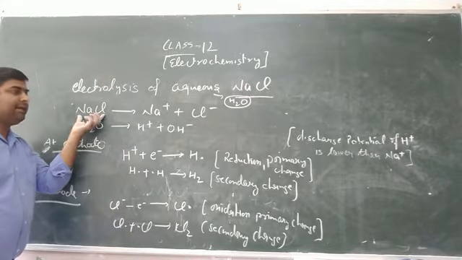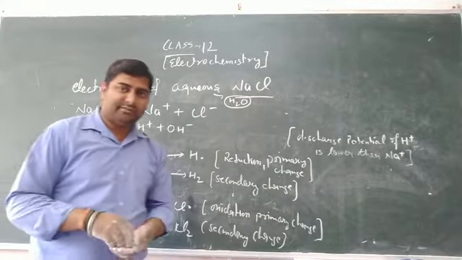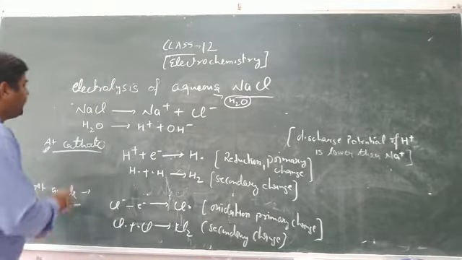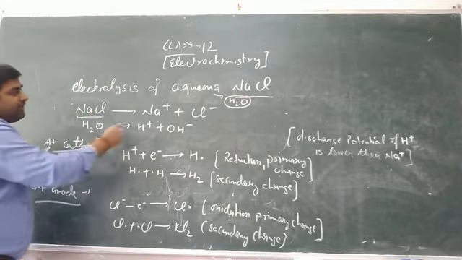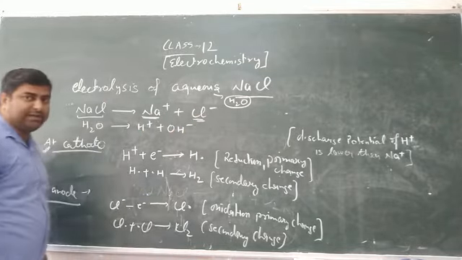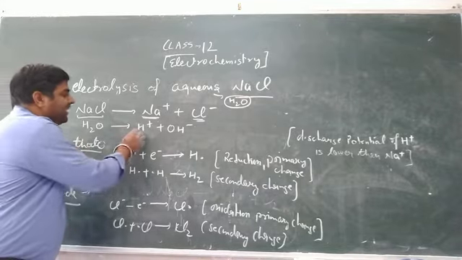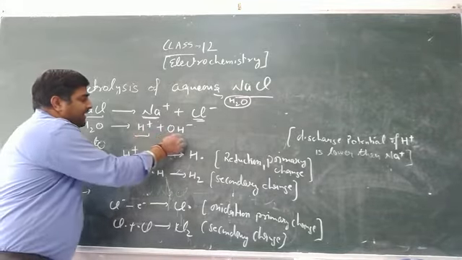Now, when we pass the electricity through the aqueous solution of NaCl, both NaCl as well as water get ionized. NaCl, when it gets ionized, forms sodium ions as well as chloride ions, whereas water also dissociates into ions, giving hydrogen ions as well as OH negative ions.